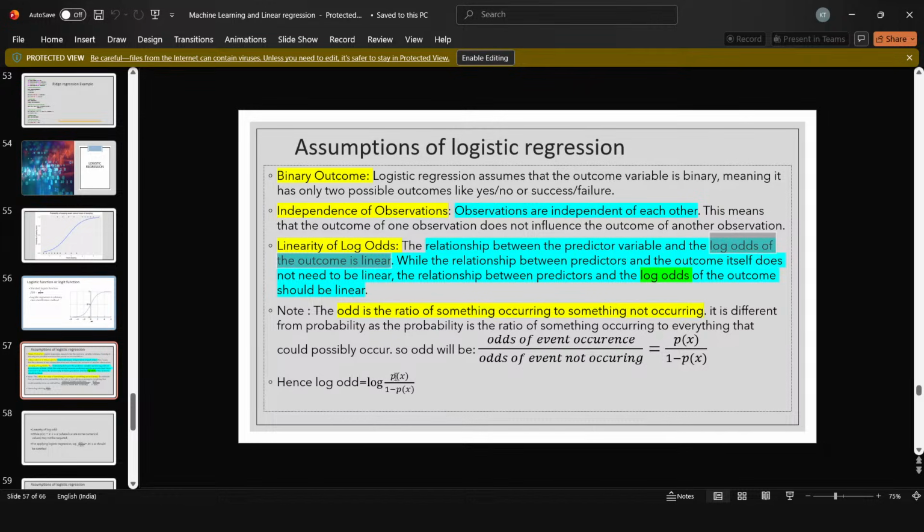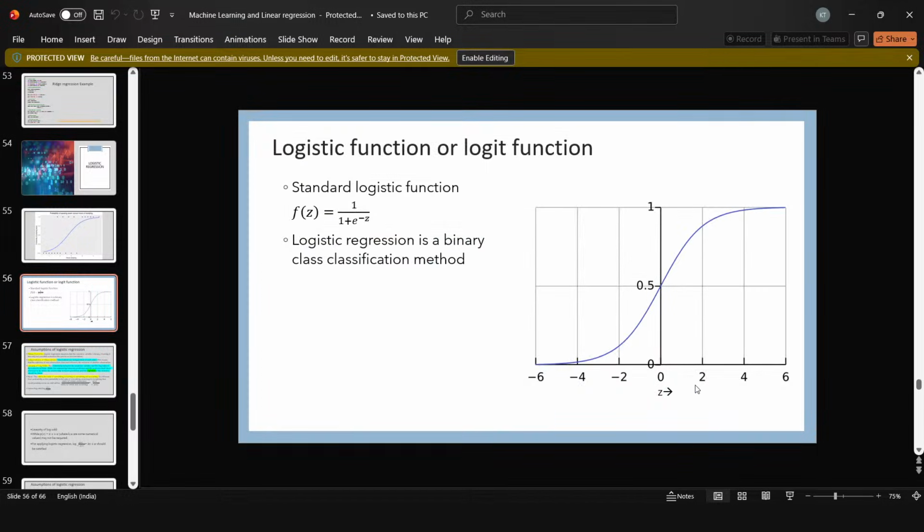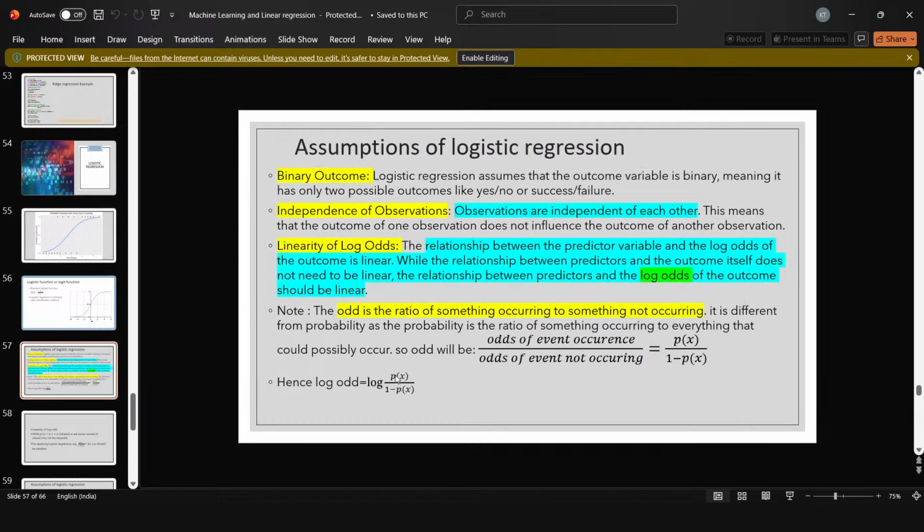The outcome p of x is basically the corresponding height. For example, if you take 0, the height is 0.5. 0.5 is the p of x in this graph. So if you apply log of p of x divided by 1 minus p of x, and plot a graph between x and the log odds, you should get a linear graph. That is one of the assumptions.